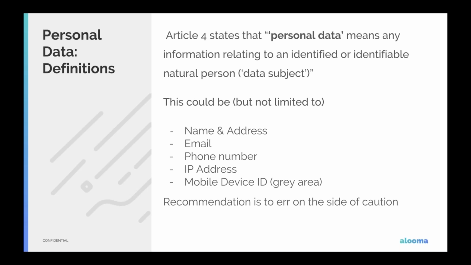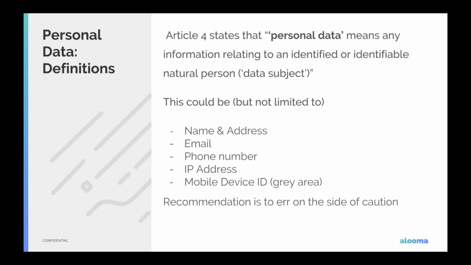Let's start by defining personal data. Personal data means any information that can identify a natural person, which the regulation calls a data subject. And this is very wide. Of course, it's name and address, an email address, a phone number.